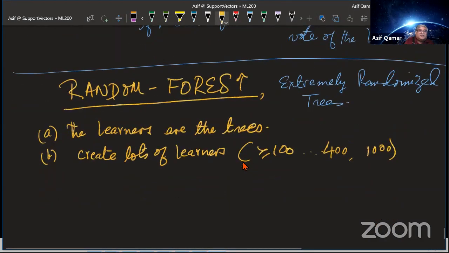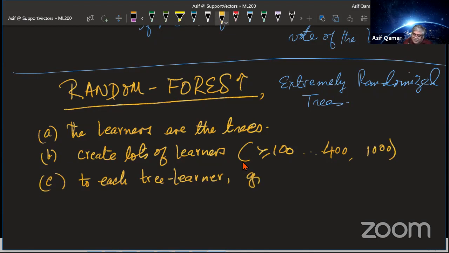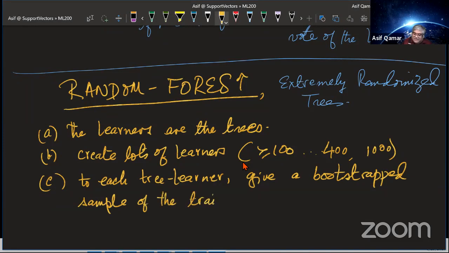The second thing is, to each tree learner, give a bootstrap sample of the training data. Don't give it the whole data, give it a bootstrap sample of the training data.